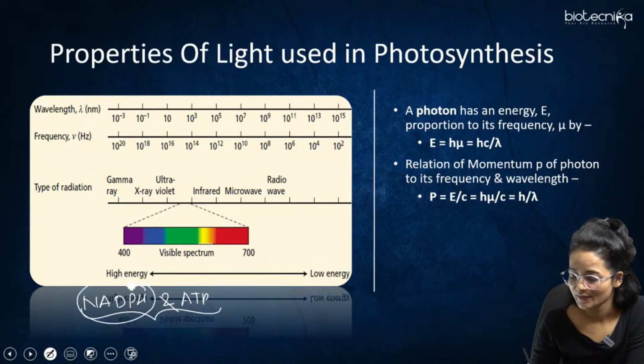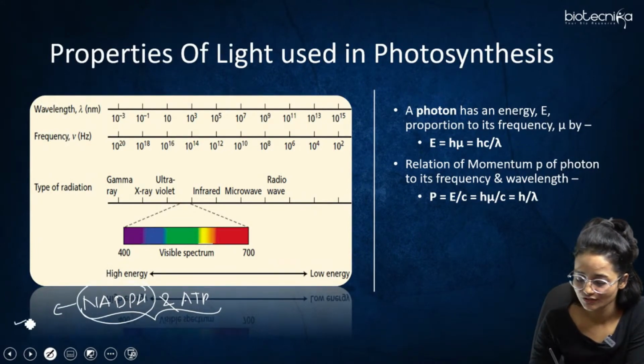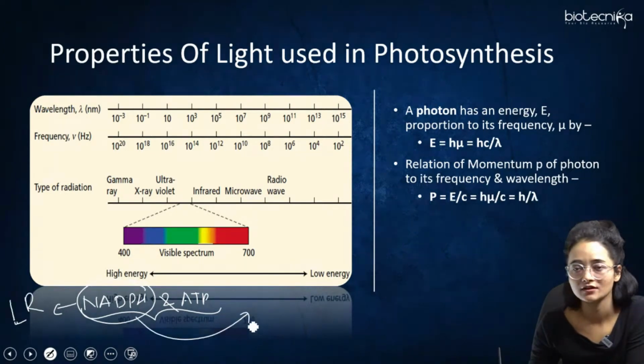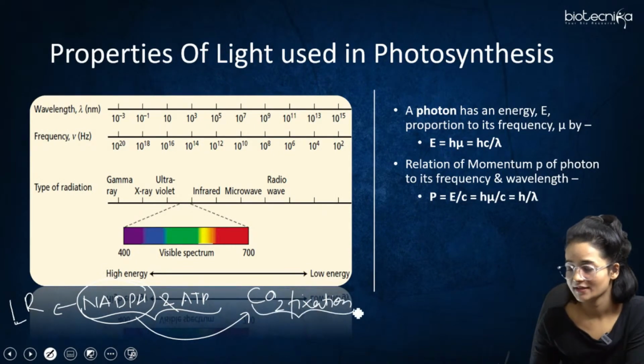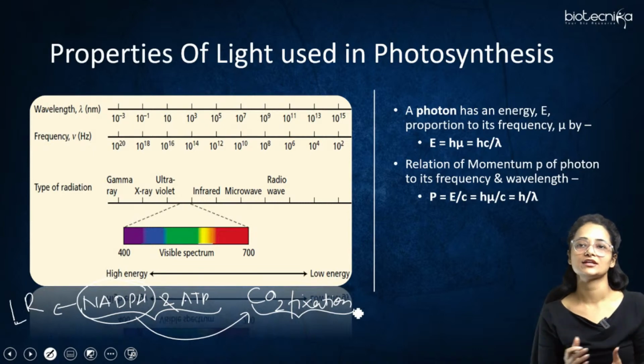And this NADPH, which is produced in the light reaction, is utilized in the CO2 fixation, where carbon assimilation takes place. We don't generally call it a dark reaction.